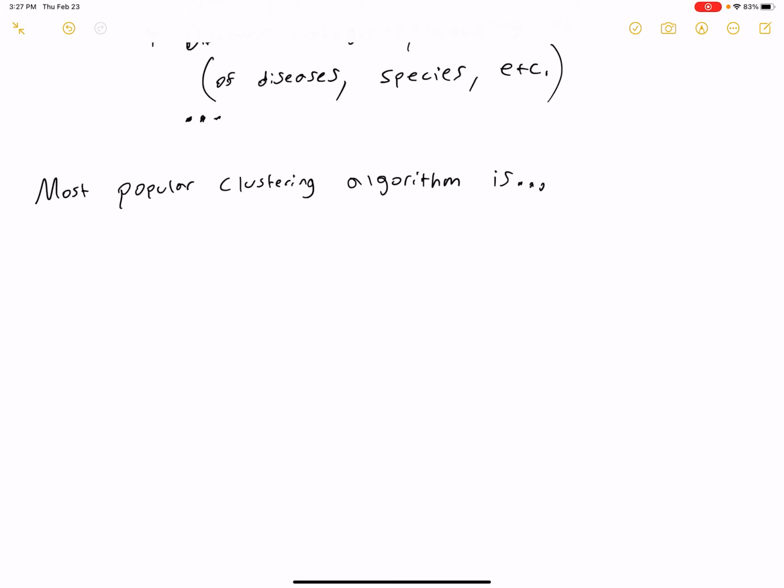Yes, k-means clustering. And so we'll go through, I think I want to teach this in a similar way to the decision tree and random forest stuff, where I go through the algorithm and give you an example visually as we go through the algorithm. Do y'all like that way of learning? Okay, cool. So let's do that here.